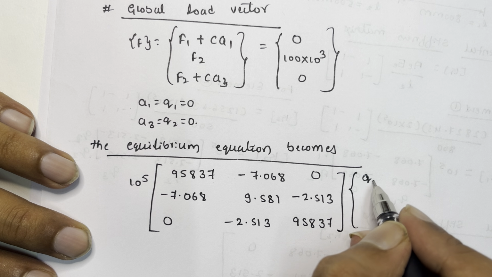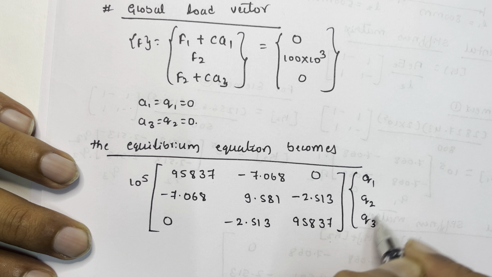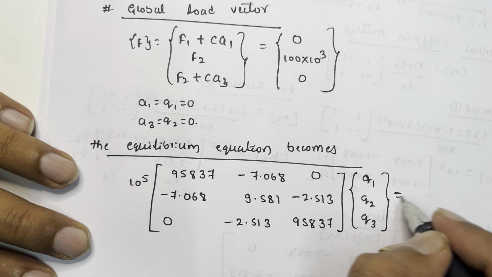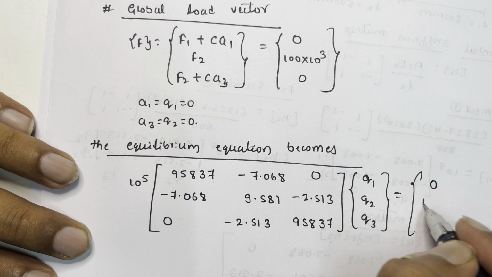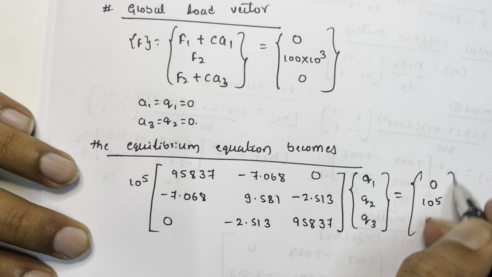Here q1 q2 q3 is equal to 0, 10 raised to 5, 0.